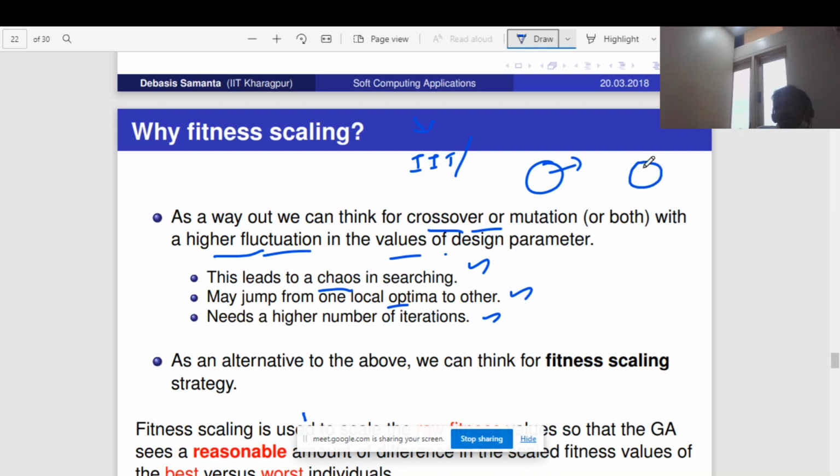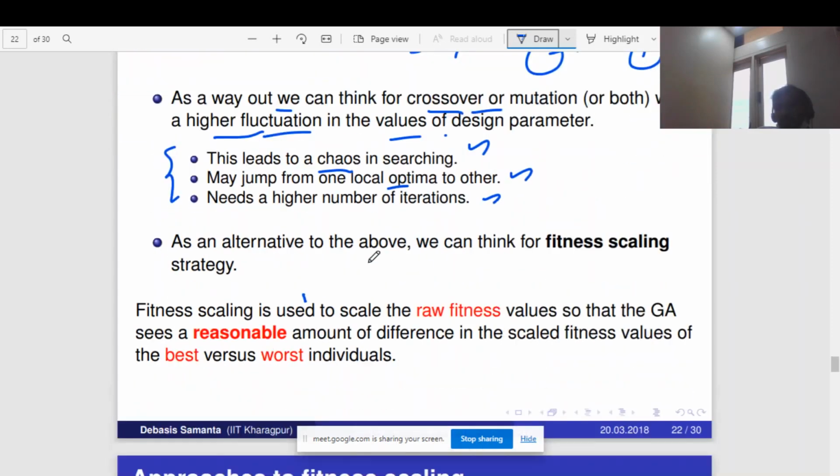Maybe in IIT Hyderabad, some other student may be best, that is another local optimum. But the global optimum is the one who is top of everything. But in this type of problem, you cannot actually find the global optimum. You have to be happy with a reasonably best solution. So this way it won't work. It will be time consuming and it is not a wise approach. As an alternative, we are thinking of this fitness scaling strategy.